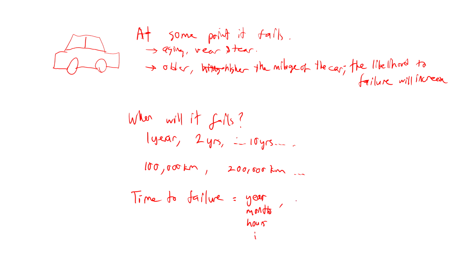Or like in the example of your car, other than calendar time, it could be the mileage of the car, so distance. The distance traveled also could be considered as the time to failure.